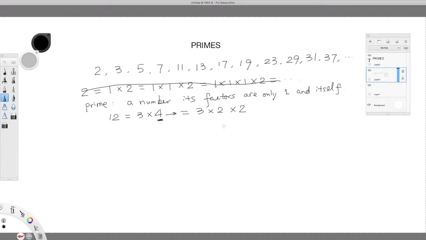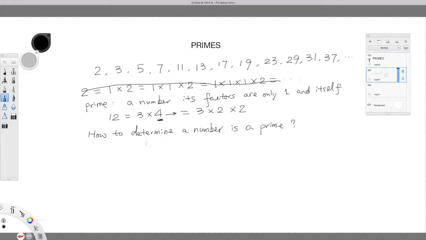So first, let's look at the first question: how to determine if a number is a prime. And actually, we're only going to use the definition.